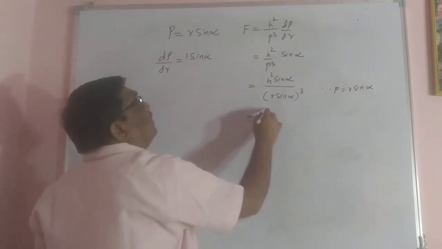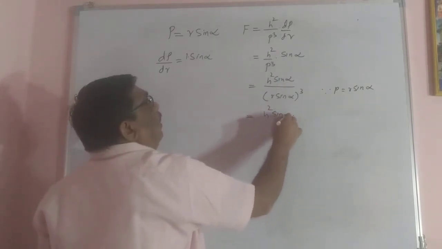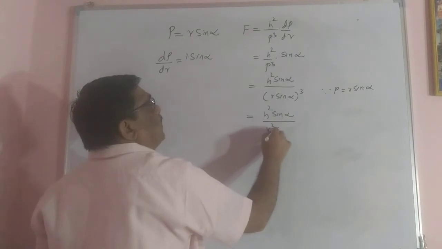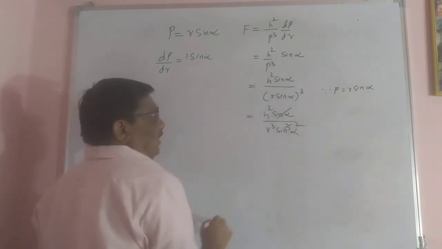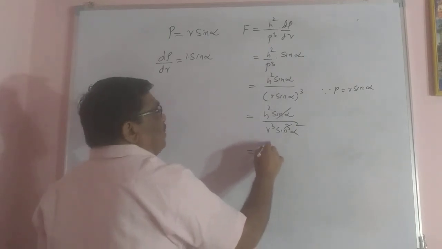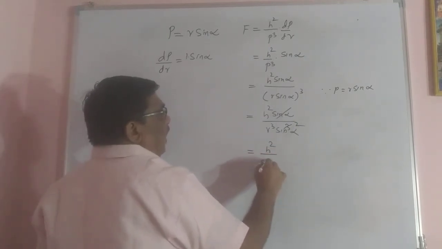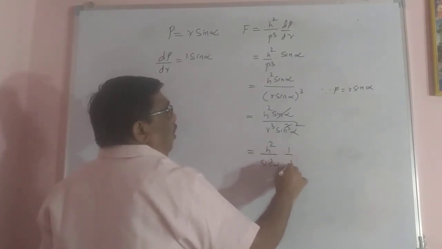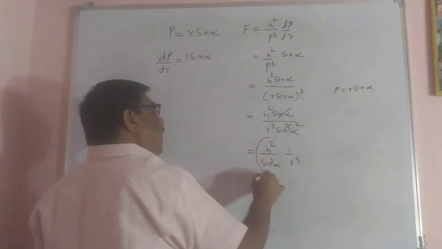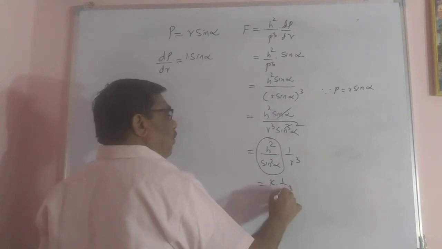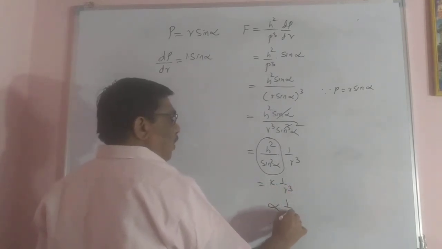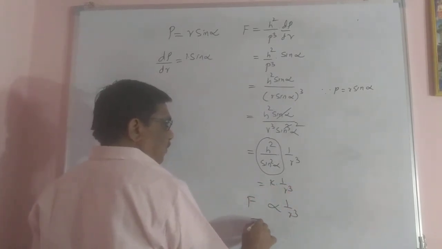This is h square sine alpha divided by r cube sine cube alpha. One sine cancels, giving out sine square. So h square divided by sine square alpha into 1 upon r cube. This totally constant, constant into 1 by r cube, or it is proportional to 1 by r cube, that is the force.